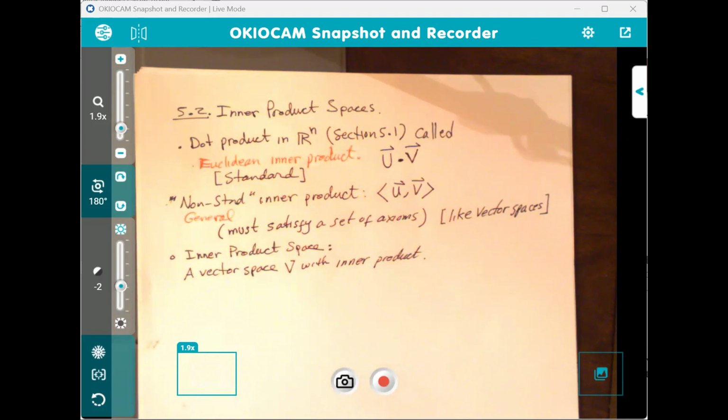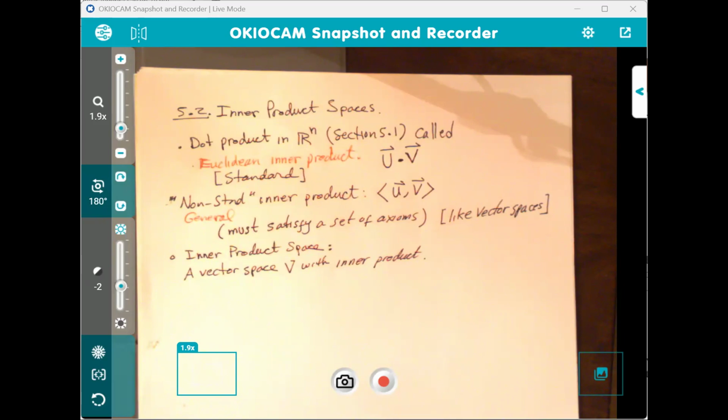Now, that's not the only dot product that we can do. It turns out there are also non-standard inner or dot products as well. These are more general. So the Euclidean inner product was the standard for the industry, let's say, for engineers.